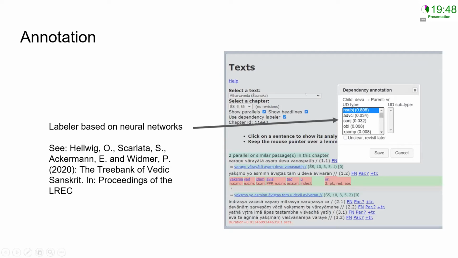And this produces a probability distribution over all possible UD labels that could apply in this case. And this output of the neural network is used to sort this list here. And you can read more about this in a paper from 2020. And there we also reported some accuracy scores. So for instance, we got an at-3 accuracy of 95%.